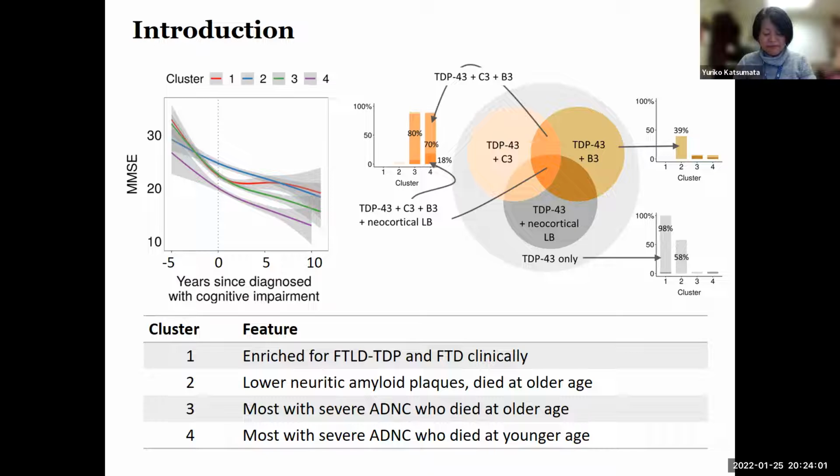The differences between these two clusters were that the people in cluster 4 died at a younger age and had more Lewy body pathology. In this study, we investigated the differences in genetic features among the TDP-43 clusters based on biological pathway-specific polygenic risk scores.